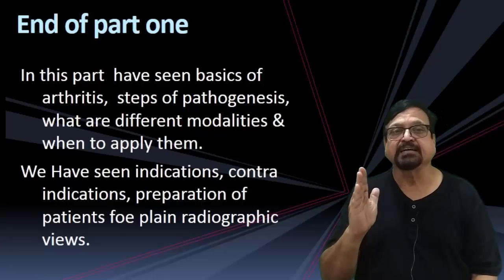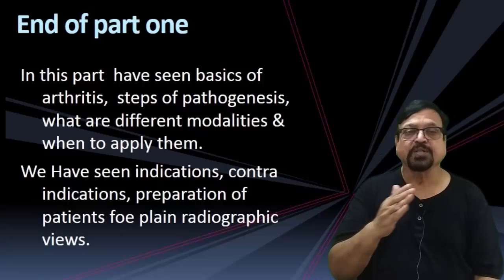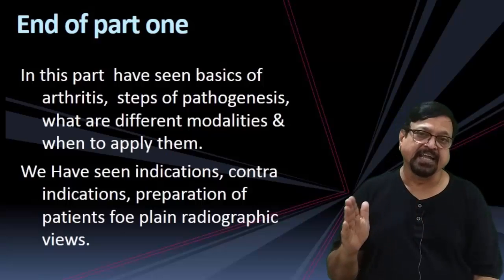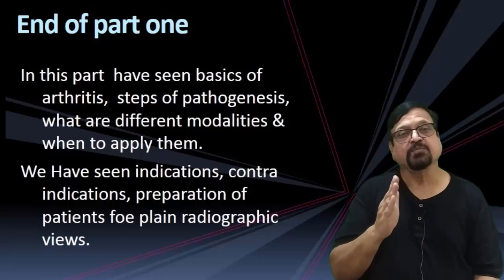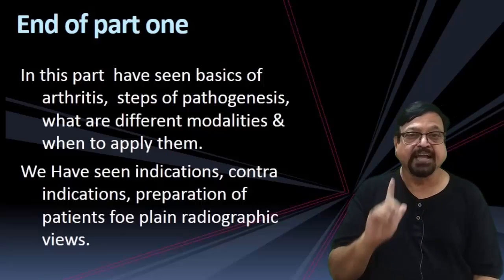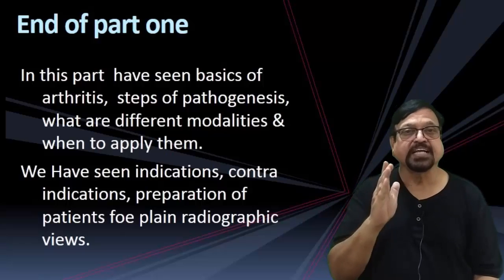As far as my personal opinion is concerned, the second investigation of choice depends on the patient's clinical setting, either ultrasound or MRI or CT. We have seen the advantages of MRI and of CT when there is no plain radiographic diagnosis.